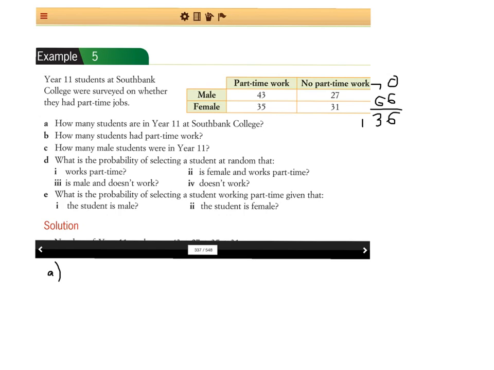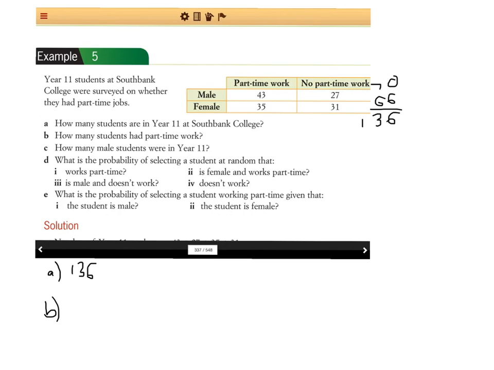Alright, now let's look at the questions. See if any of that work we've done has helped us out. Question A, how many students are in Year 11 at Southbank College? Well, that's pretty easy. We've already done it. 136. Question B, how many students had part-time work? I missed out a bit of working, but there's no real issue.